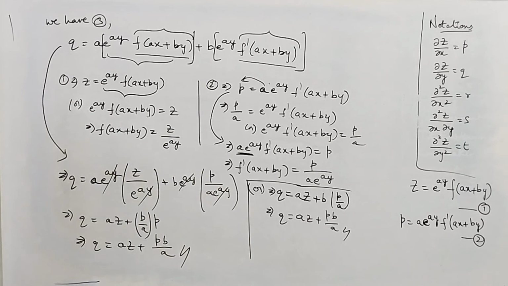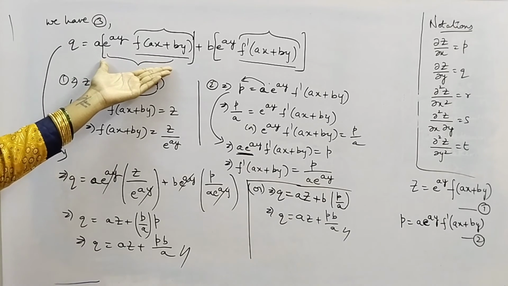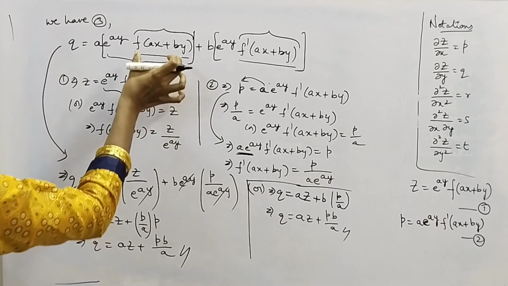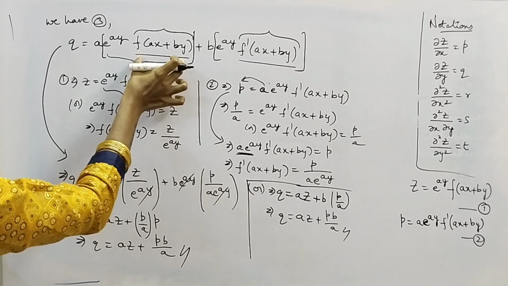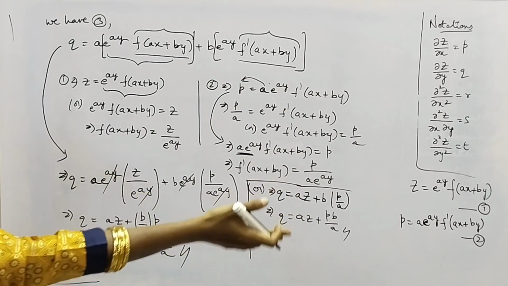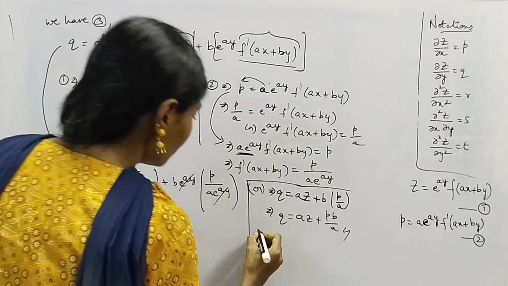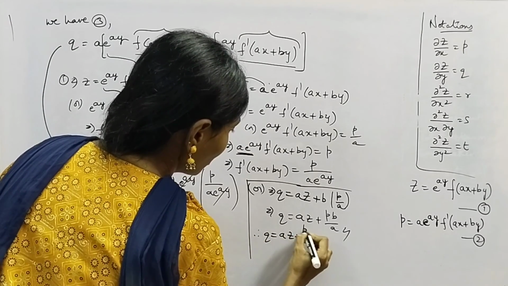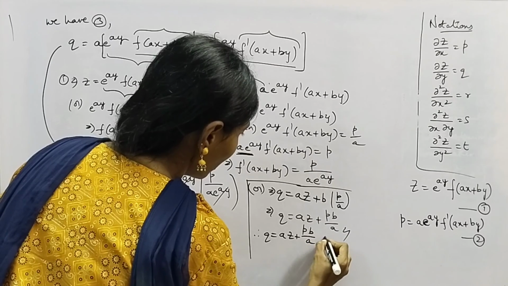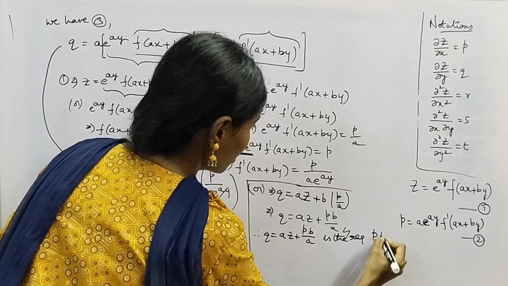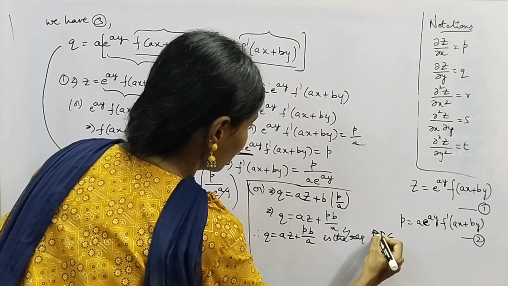We can compare the terms of equation 3 with 1 and 2, and you can just replace only f of ax plus by and only f dash of ax plus by using 1 and 2. Fine, therefore q equal to az plus pb by a is the required partial differential equation.